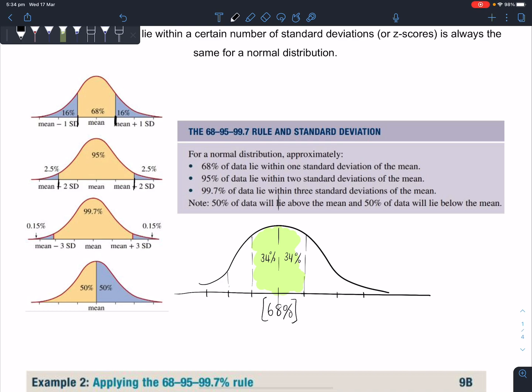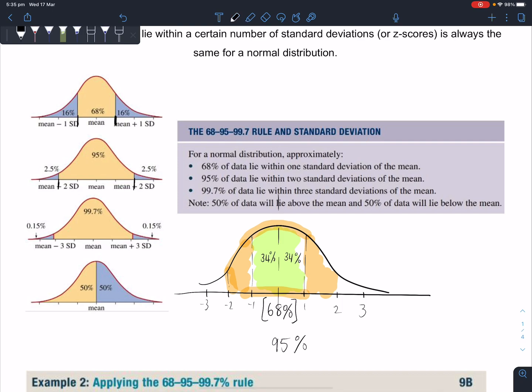Now from 2, so this is minus 1, minus 2, minus 3, 1, 2, 3. From 2 standard deviations, so from here, all of this, and that still includes that middle section, I just won't cover over it. That represents 95% of the data.